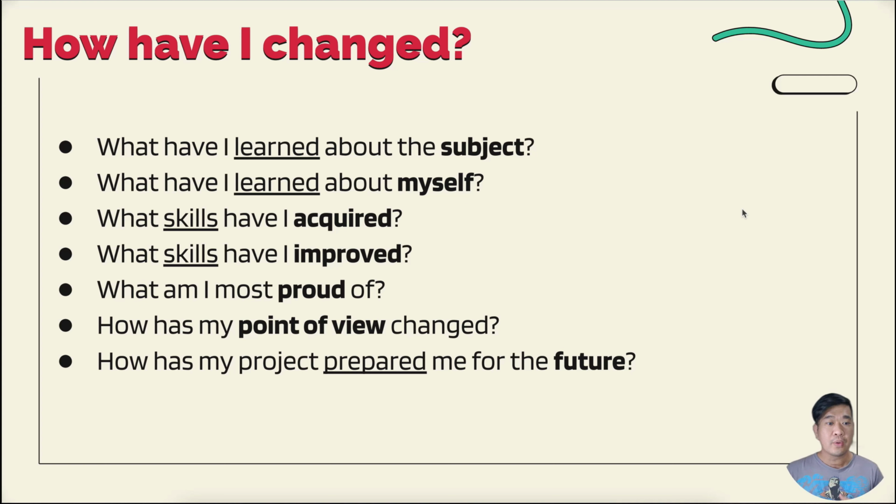Did you learn something new from the subject, something new about yourself? What are the skills? Did your skills improve? Did you acquire new skills? Those are some ideas that you have to look into, the ways that you have improved.